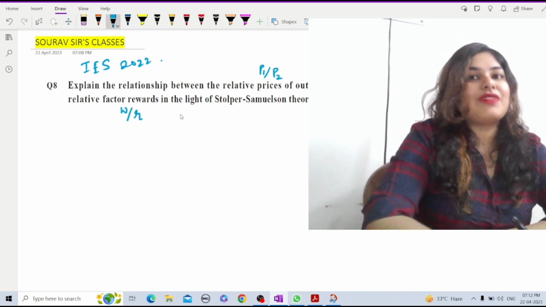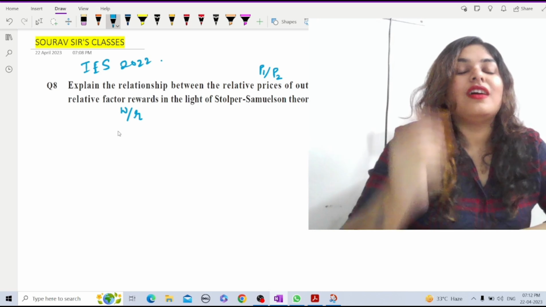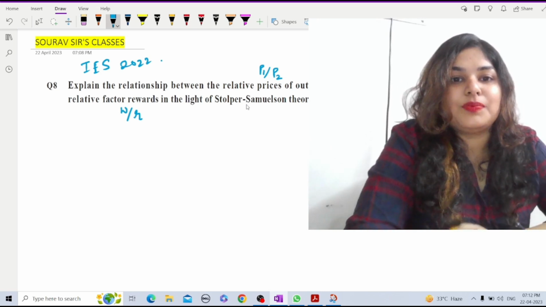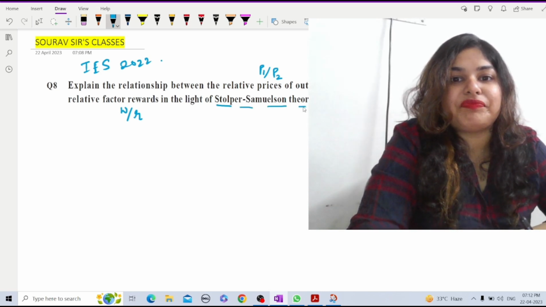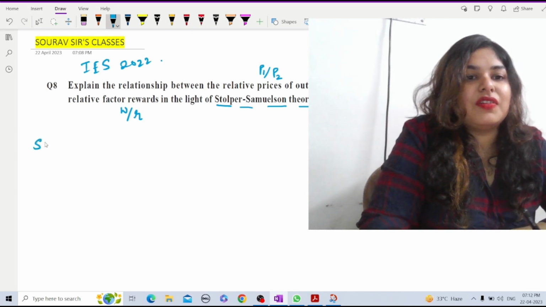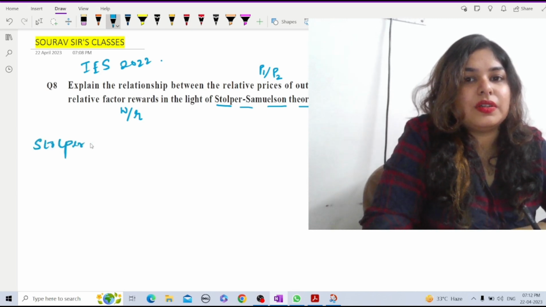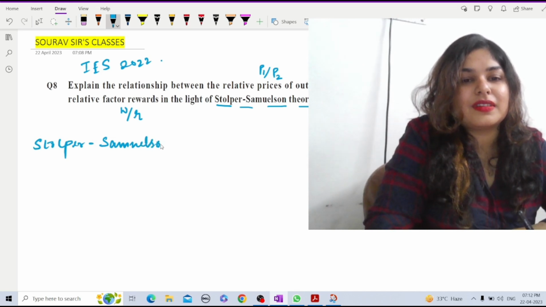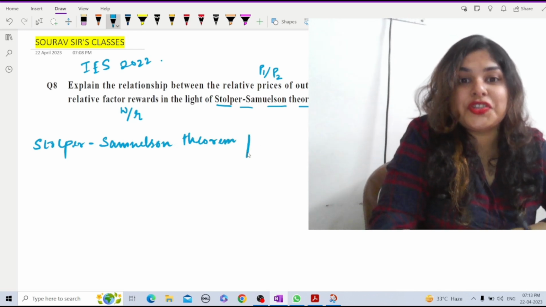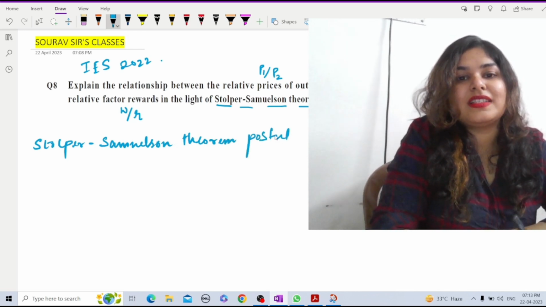So now first let us try to understand what our theorem, the Stolper-Samuelson theorem, postulates. What does it postulate?